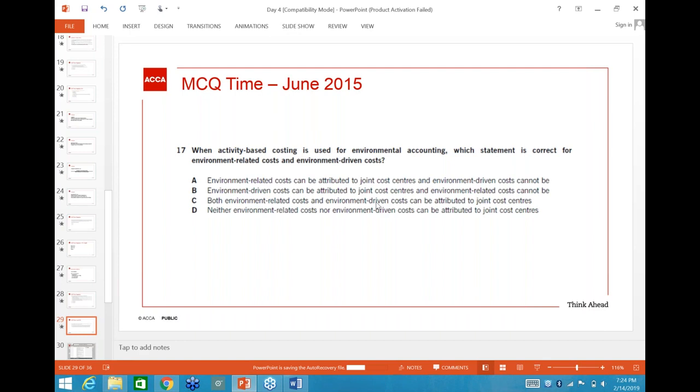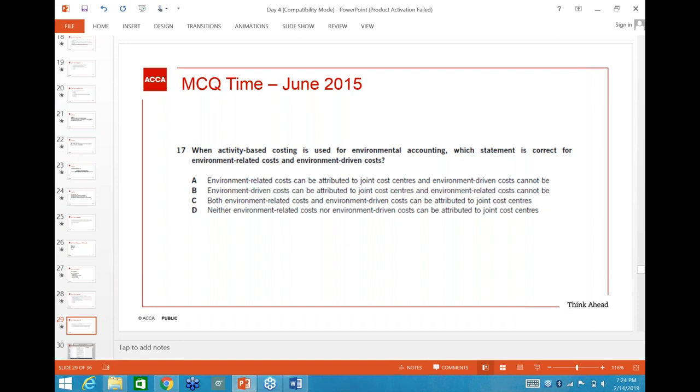From June 2015. Question number 17. When activity-based costing is used for environmental accounting, which statement is correct for environment-related cost and driven cost?